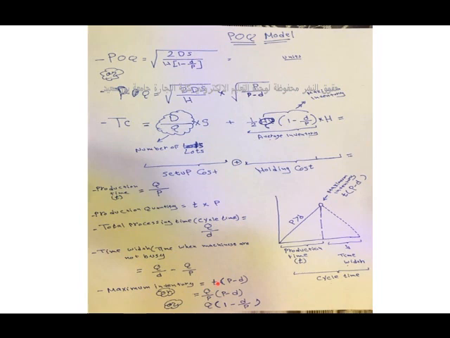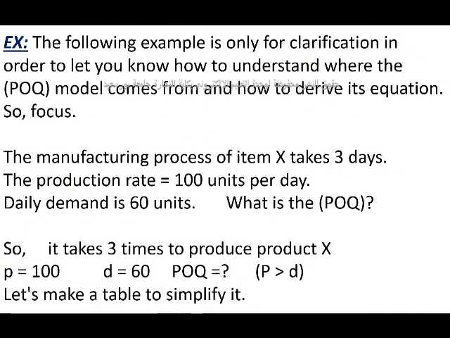Just remember T equals Q over B, so Q over B times B minus D, or Q brackets 1 minus D over B. This information is just to summarize the idea behind POQ. Next. See the following example.